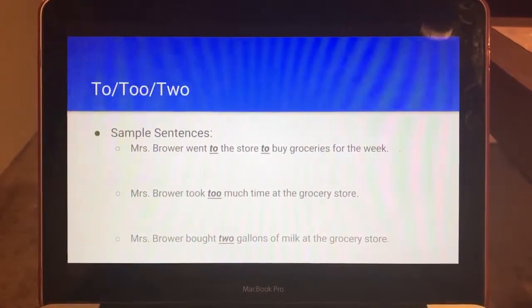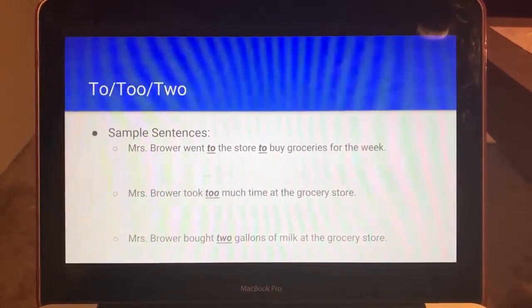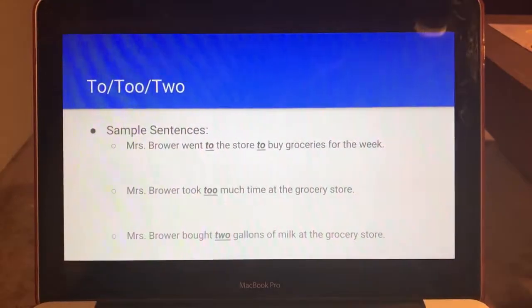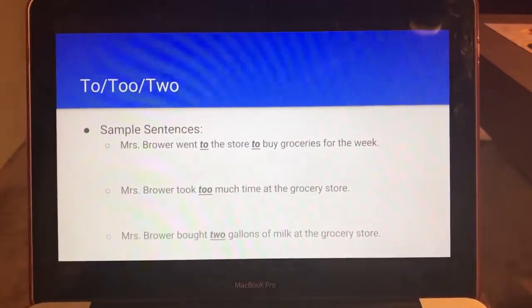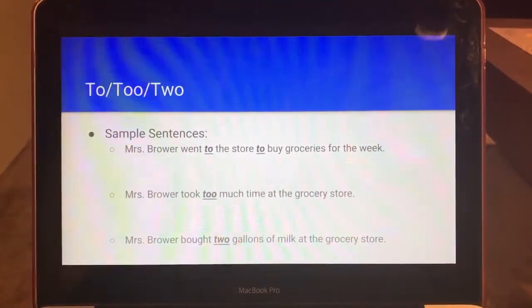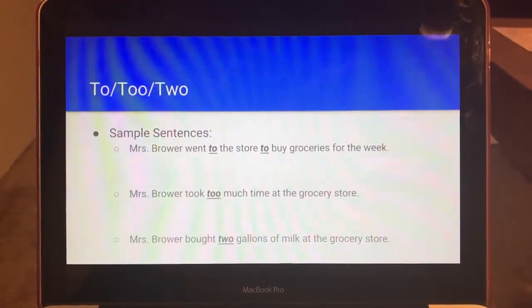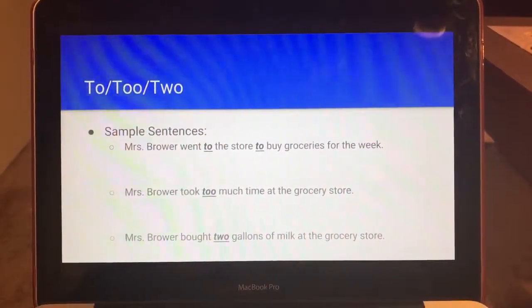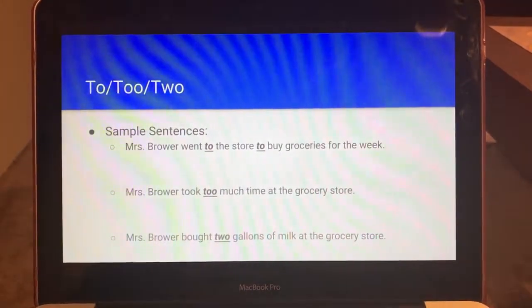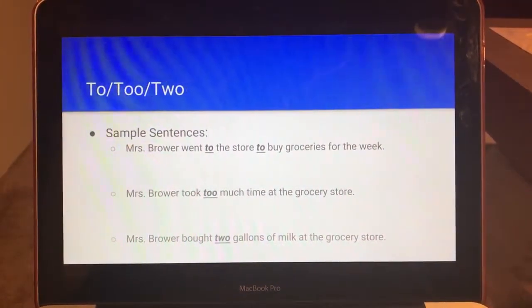At this time, I just want you to take about 15 seconds to think to yourself, and I'll give you some quiet time to think. How has Mrs. Brower used those correctly? Or maybe you want to think to yourself, what's the difference between the to, too, and two in each sentence?